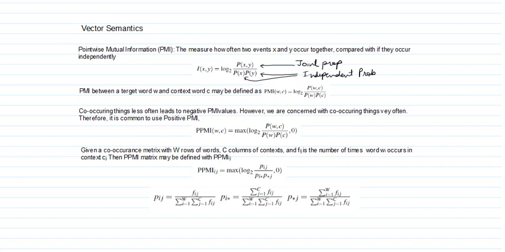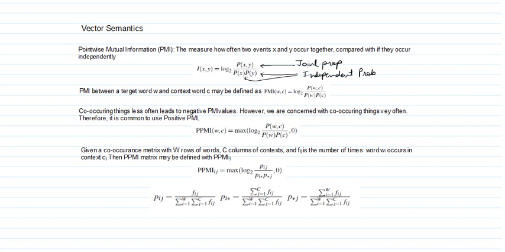That means the occurrence of x does not affect the occurrence of y. So if we treat x and y as independent events, then the probability can be calculated as P of x dot P of y.